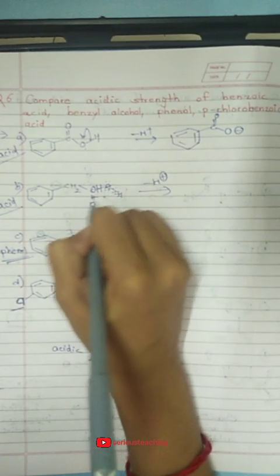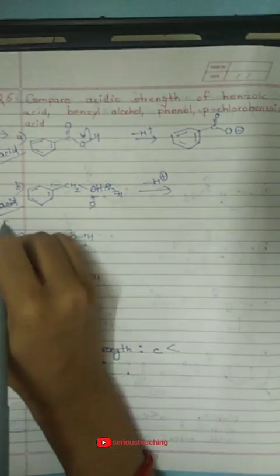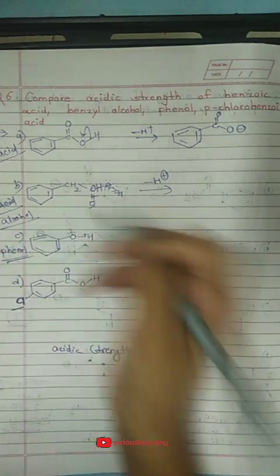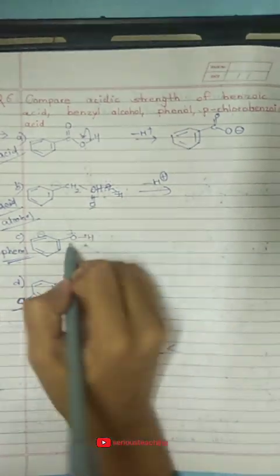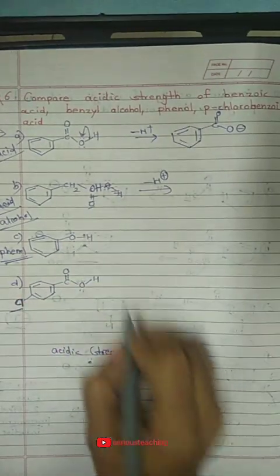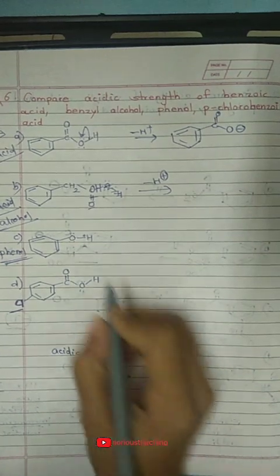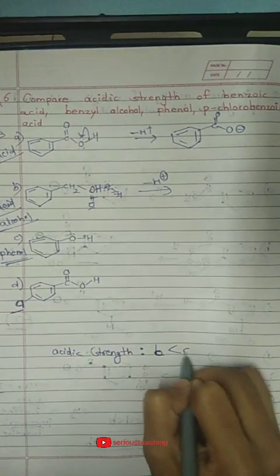Here benzyl alcohol. This is not an acid, this is an alcohol. It should be like this. So we know that in comparison of phenol and alcohol, phenol will be more acidic. I will tell the reason, but phenol will be more acidic. So this will be least, and this is more, and then we have to compare this.